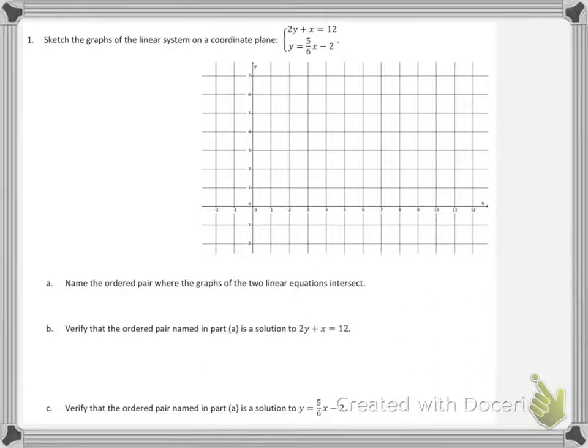I would like this to be in slope-intercept form, so I'm going to change 2y plus x equals 12 into slope-intercept form by subtracting x from both sides.